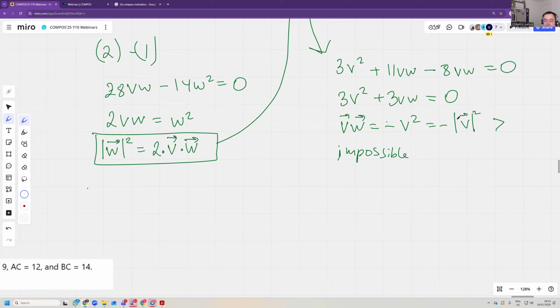So that's a number, and it's a negative number. And vw, we already know it's a half of modulus w squared. So vw here is a positive number, and here vw is negative, so it's a contradiction.